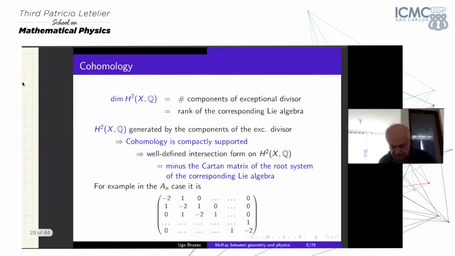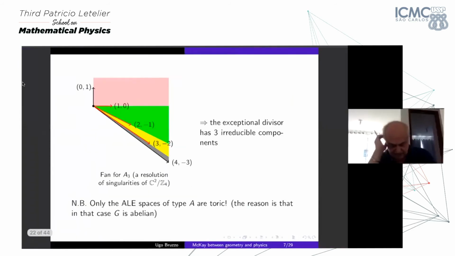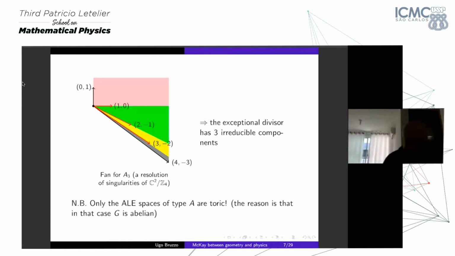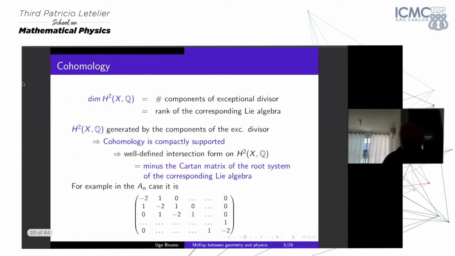But we also had the slide where this was done in the case of a bigger n, right? For instance, this is the case of A3, which is the case of the action of Z4, where again, using toric geometry, you start from a cone, and now to get a collection of smooth cones, you have to divide the cone into 4 according to this pattern, and in this way you get a resolution of singularities, which is a smooth, in this case, toric variety.